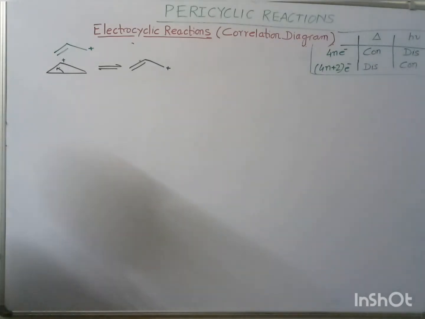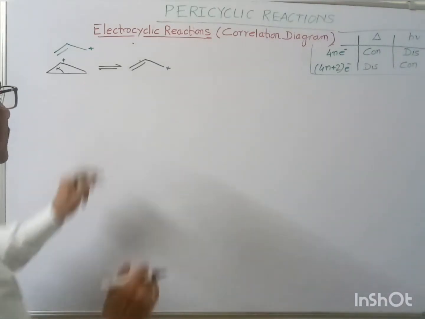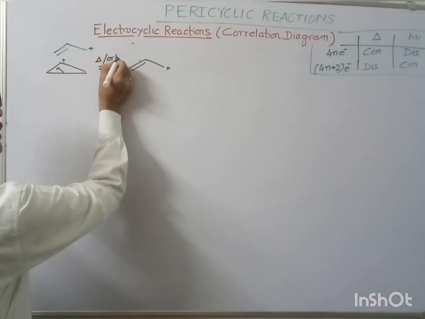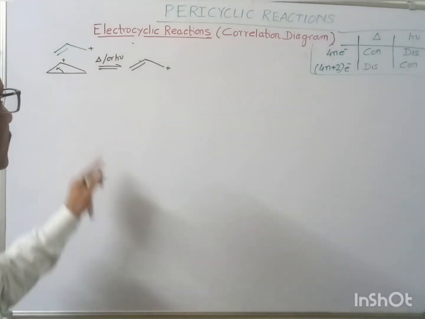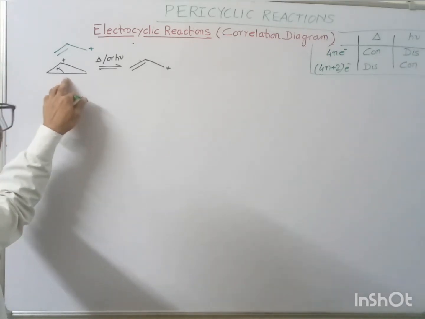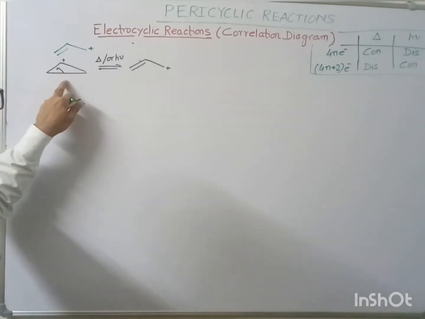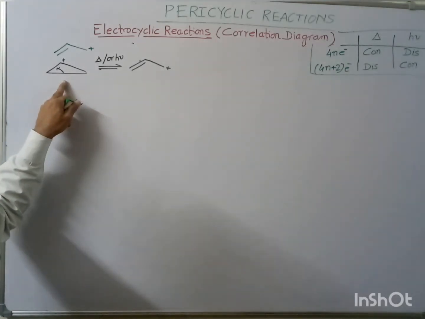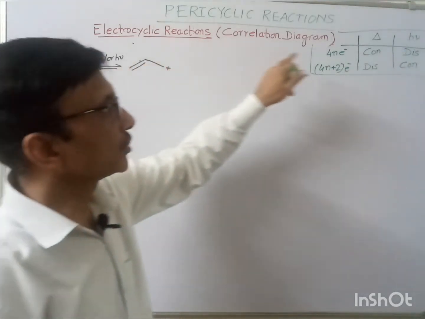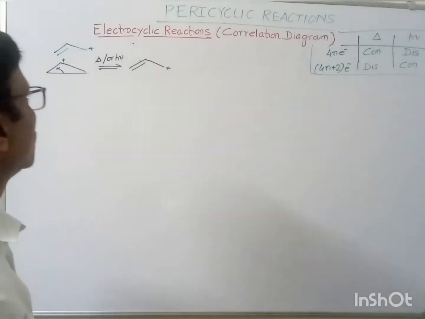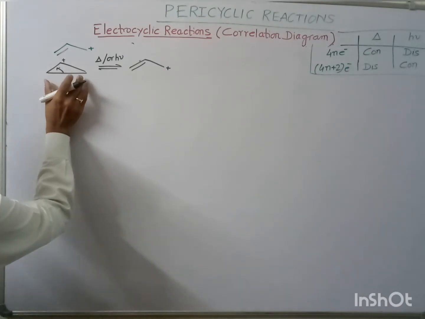This reaction can occur either in the presence of heat or in the presence of light. The ring opening reaction is taking place here. So the ring opening reaction may occur either by the conrotation of the orbitals or by the disrotation of the orbitals.